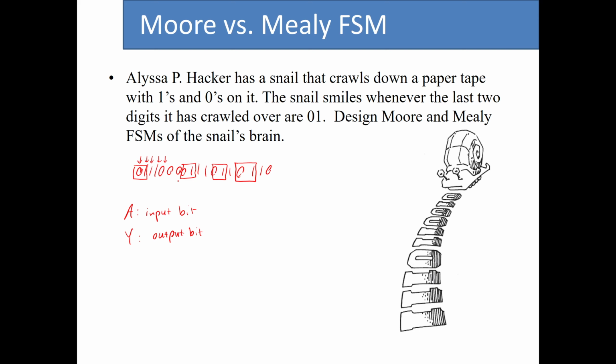Before I continue, let's quickly go over the differences that we had for the Moore and Mealy FSMs. For the Moore FSM, we had this next state logic unit that accepted the inputs and the current state as its inputs, and based on those, it was calculating the next state that we needed to store for our system.